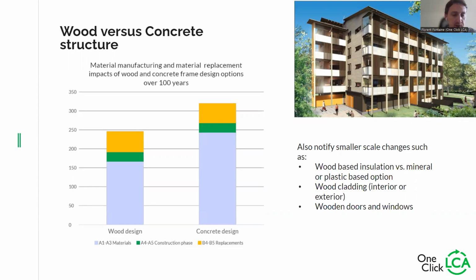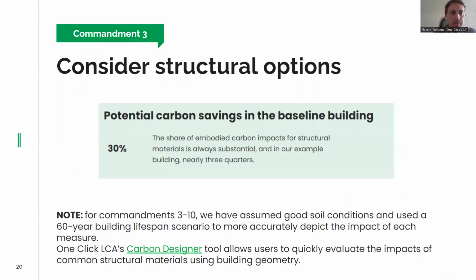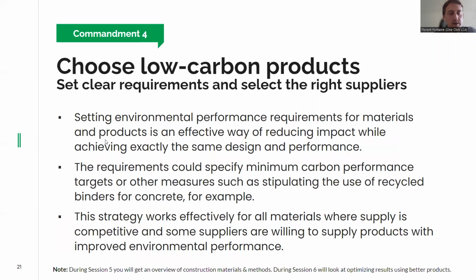So the most interesting thing is to have a forest which is managed in a sustainable way, so that trees grow afterwards, and also to design the wood structure so that it lasts as long as possible. This would in turn result in a potential carbon savings of 30%.